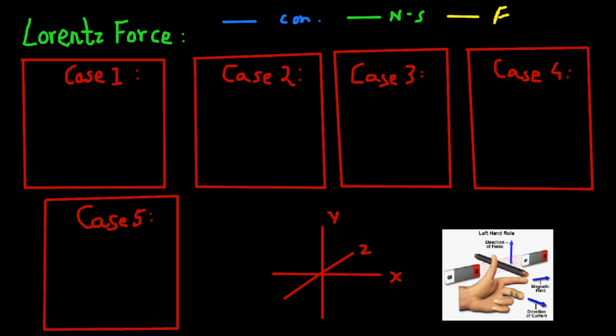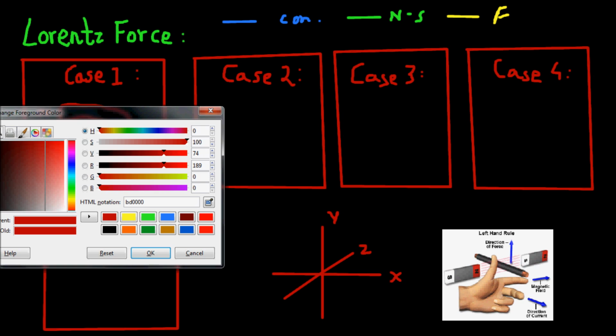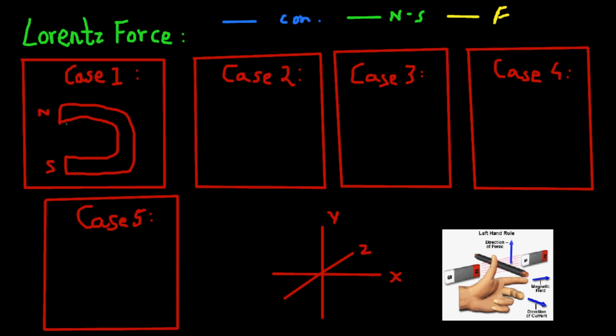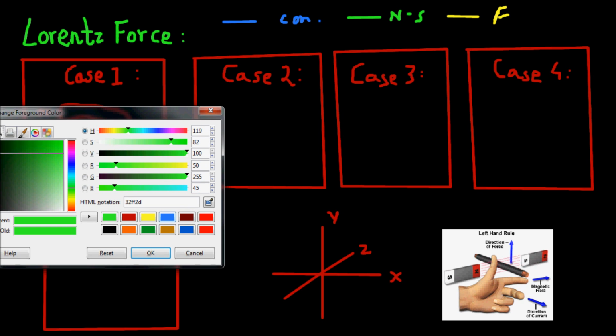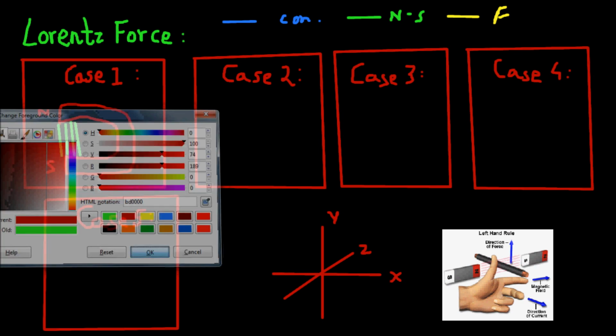So I'm going to start with case 1 now. The magnet is here. This is your horseshoe magnet. Okay, this is north, this is south. So the first thing we can say is that the magnetic field lines, let's draw them straight here, are going like this because they always go from north to south. Now, say you place a conductor, just a wire, and note that I said conductor, not current carrying conductor.